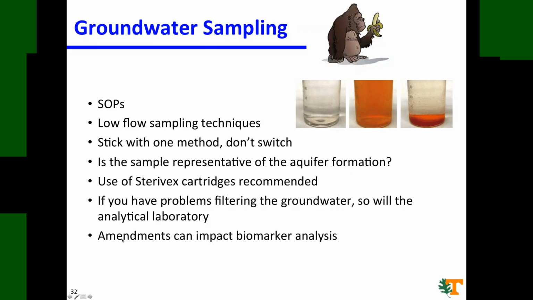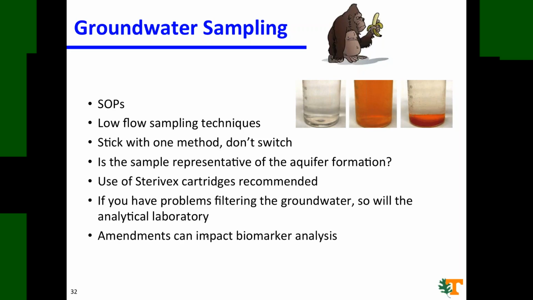And I noticed, when I receive samples from field sites, that amendments can make our work analyzing or getting the qPCR data nearly impossible. For example, when we get samples that contain vegetable oil that was injected as an electron donor, it makes biomass collection and DNA extraction very, very difficult.